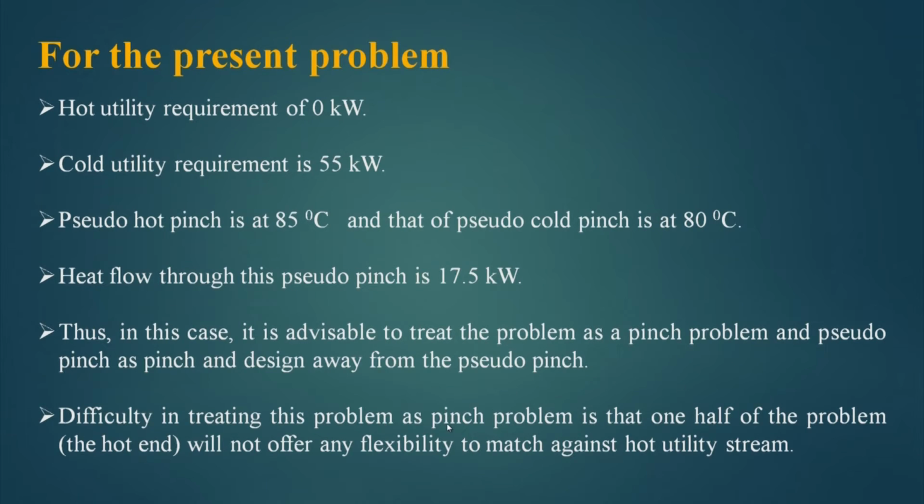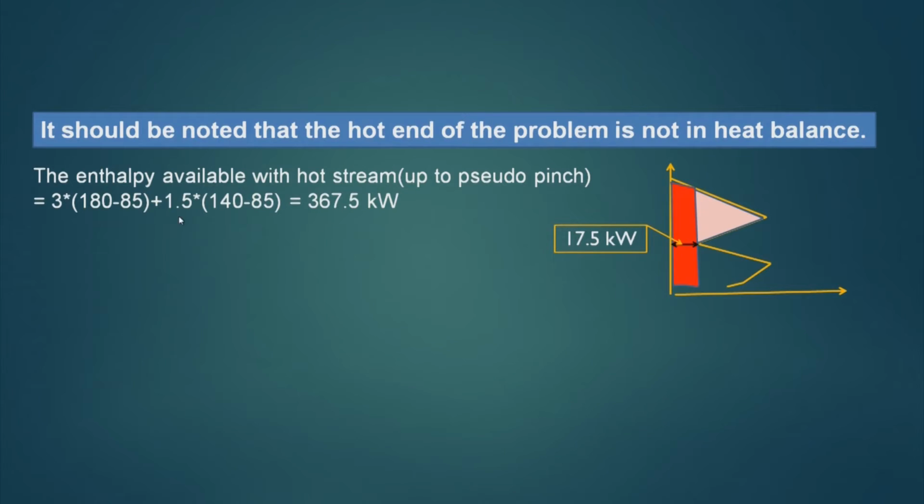The difficulty in treating this problem as a pinch problem is that one half of the problem, the hot end, will not offer any flexibility to match against the hot utility stream, because the hot utility requirement in this half is equal to 0. Now, the enthalpy available with the hot streams up to the pseudo pinch is 367.5 kilowatt. This is hot stream number 1, this is hot stream number 2.